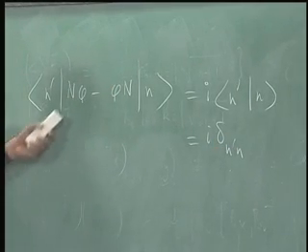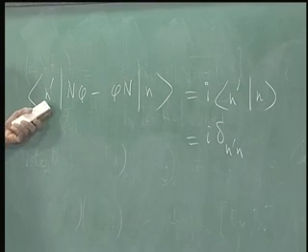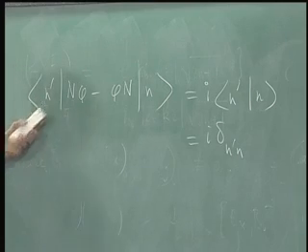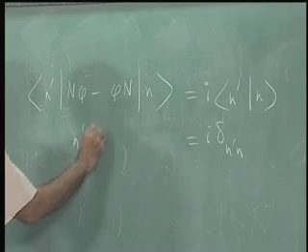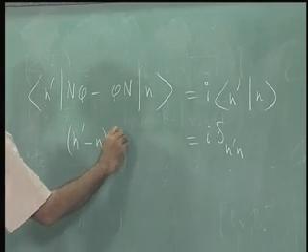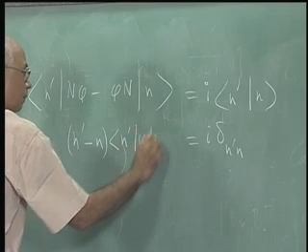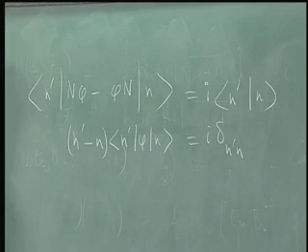On the other hand, when this n acts on this n prime, you get an n prime. So there is an n prime from here. When this acts on that, you get an n, then the matrix element, go to this.